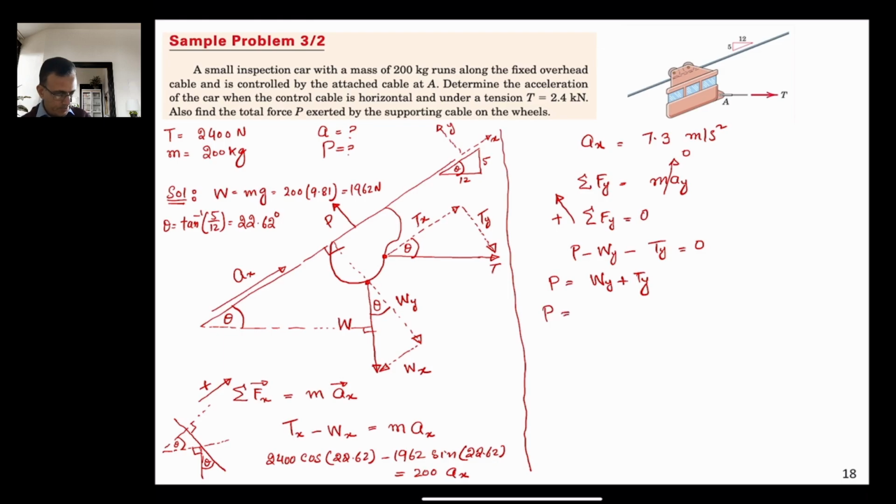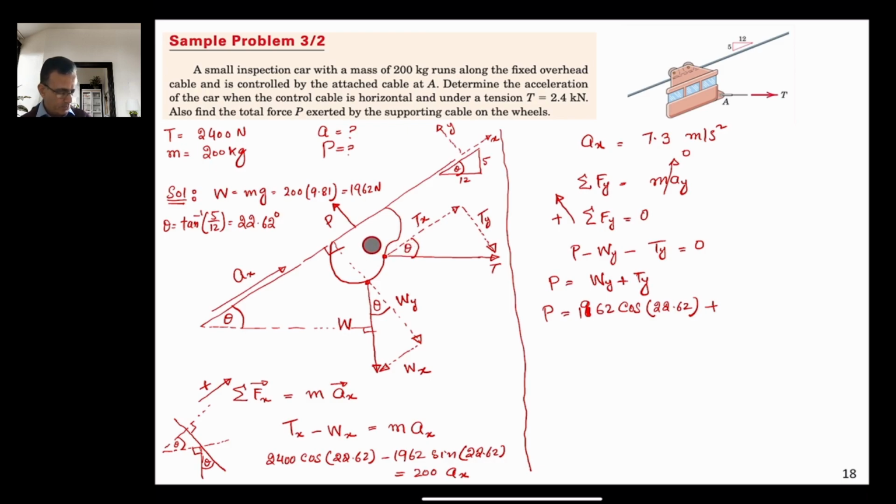If you just put the values of Wy, so Wy in this case is, again, you know the W, which is 1962 cos of angle, which is 22.62 here. And then you can also say Ty. So Ty is again opposite side, opposite to this angle theta.